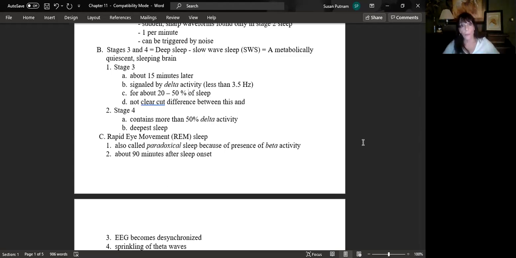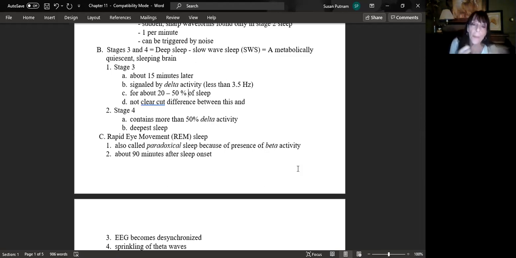Then comes the arrival of rapid eye movement or REM sleep. It's also called paradoxical sleep because even though this is transitioned after deep sleep, you have the presence of beta activity. Beta is like an alert state, and yet you are sleeping.